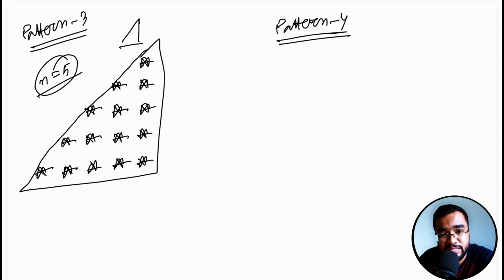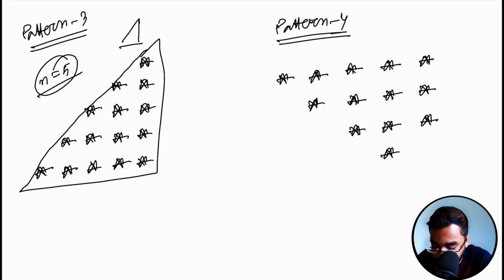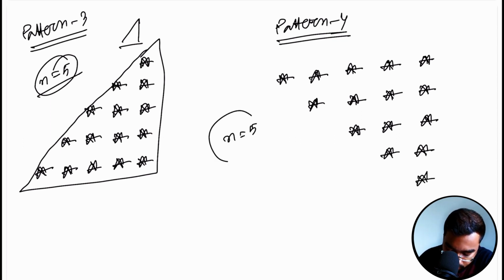The advanced patterns I would do later in the lectures. Just for now, let's drop it. This is pattern 4: 1 2 3 4 5, 2 3 4, 1 2 3, 1 2, and then 1. Obviously, for n equal to 5.